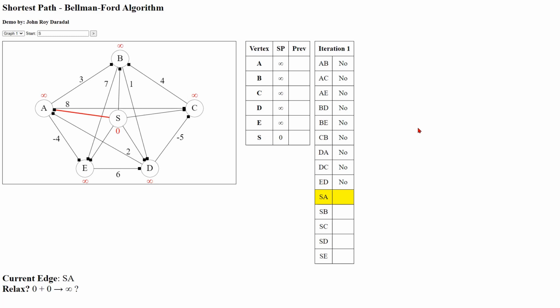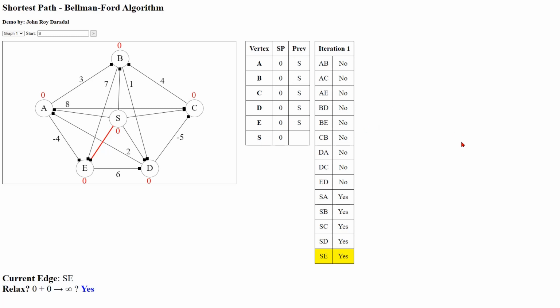It's 0, which is better than infinity. So A becomes 0, previous of S. And then SB, can we improve this one? Yes, so that's 0 plus 0 again. C, also 0. D, also 0. E, also 0. So we have now improved all of them.